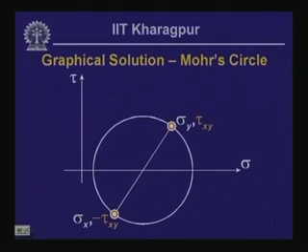Now, here you should notice that with sigma x we are plotting negative tau xy, whereas with sigma y we are plotting positive tau xy, and that is because here we have to use another sign convention: a shear stress that wants to rotate an element in a counterclockwise direction is going to be considered positive, and a shear stress that is going to rotate an element in the clockwise direction is going to be called negative.